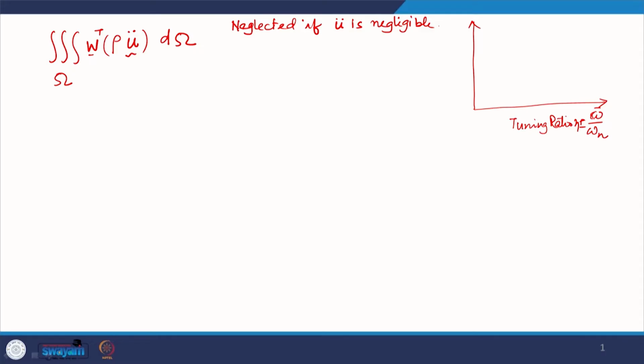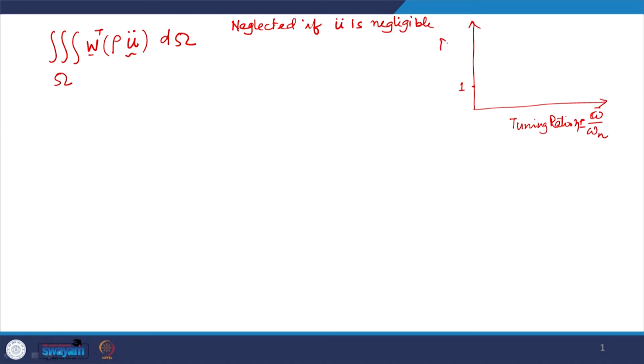Let us say a harmonic forcing function of frequency omega bar is applied to any system whose natural frequency is omega n. So, omega n is the natural frequency of the structure or any system which is excited by the harmonic excitation of frequency omega bar. So, if omega bar is very small in comparison with omega n, then this tuning ratio will be close to the origin. In that case the problem is essentially close to static.